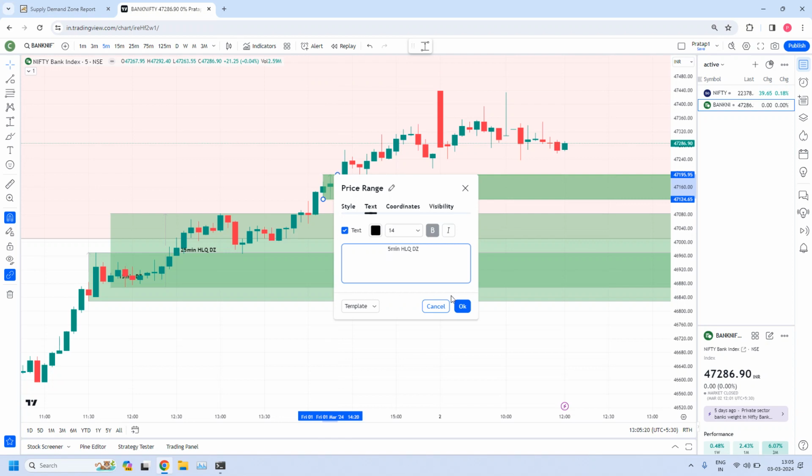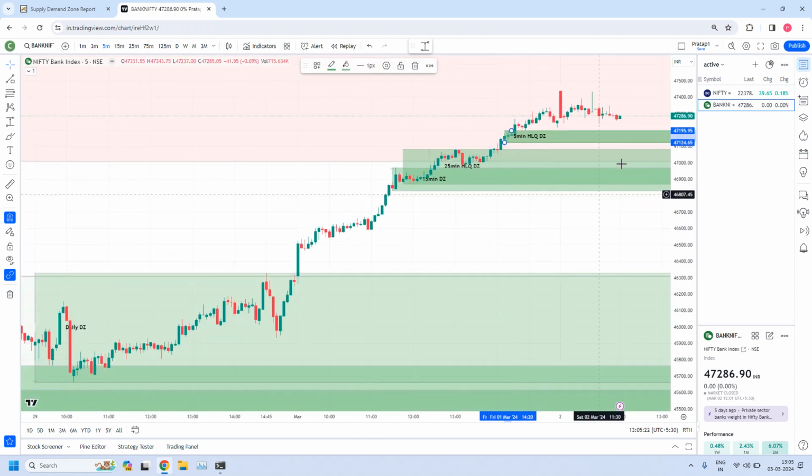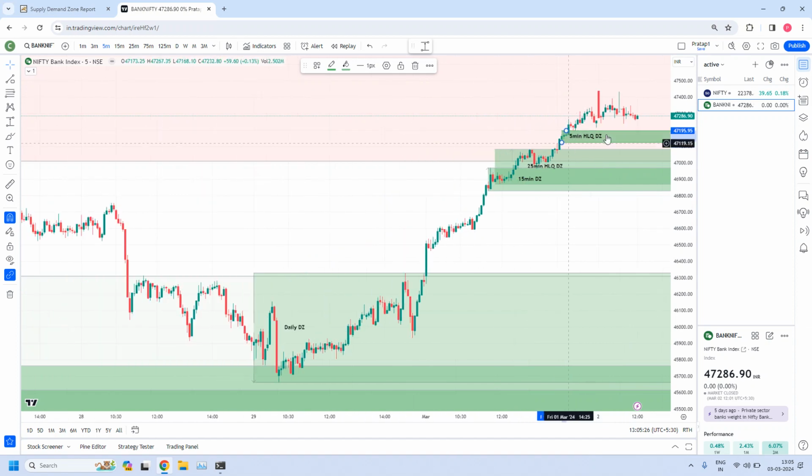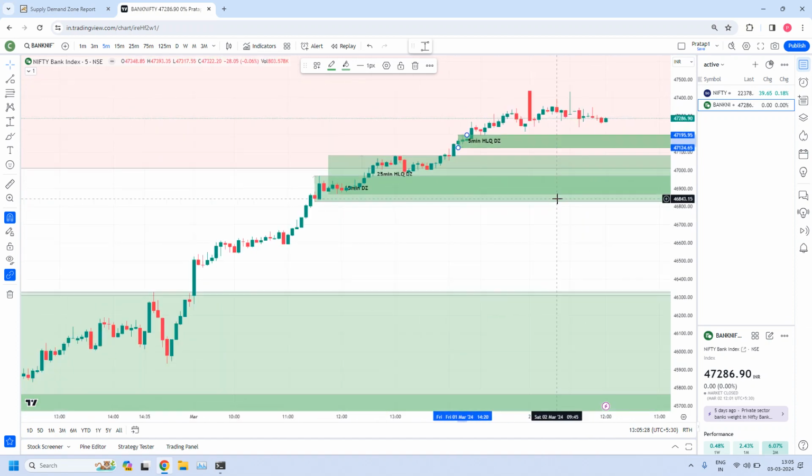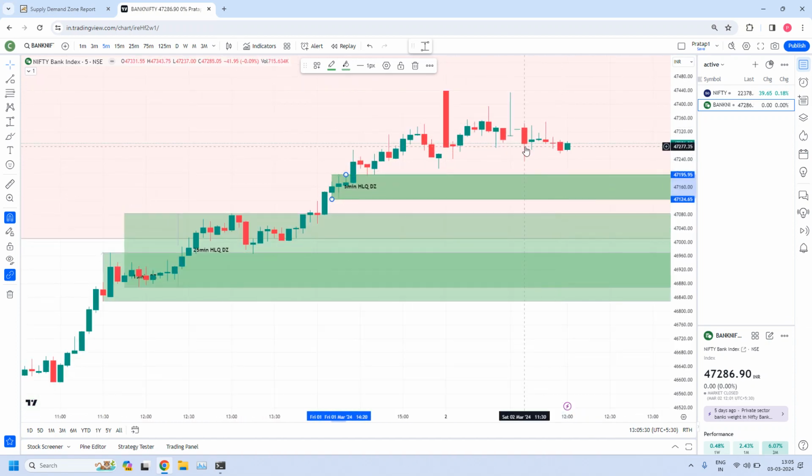But don't forget, this 5 minutes high liquidity demand zone is inside the supply zone. This is the sellers' area, generally the supply will be very strong.